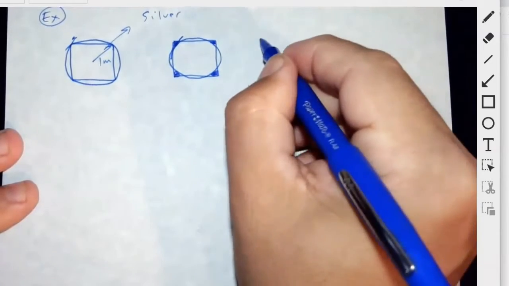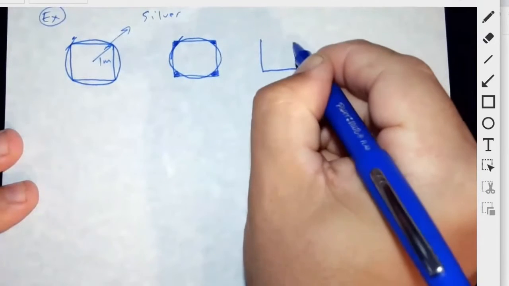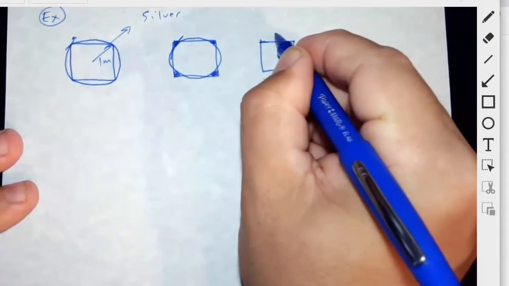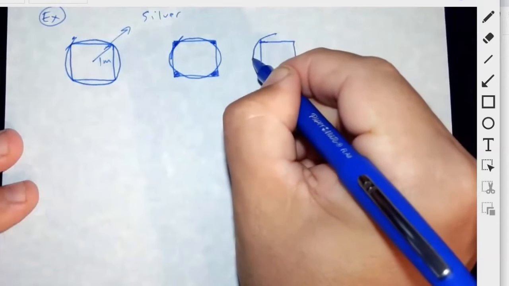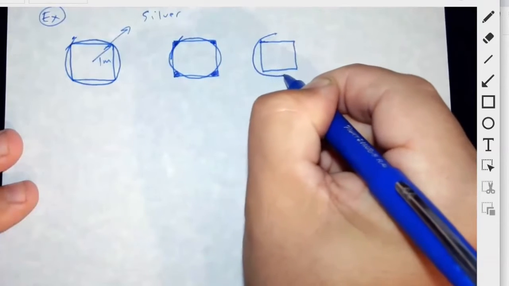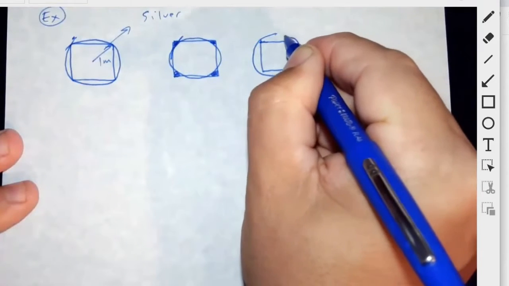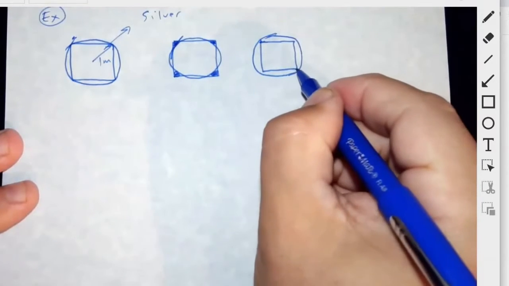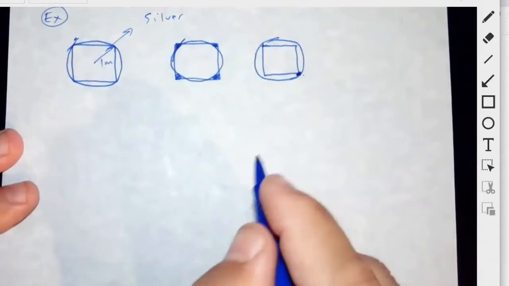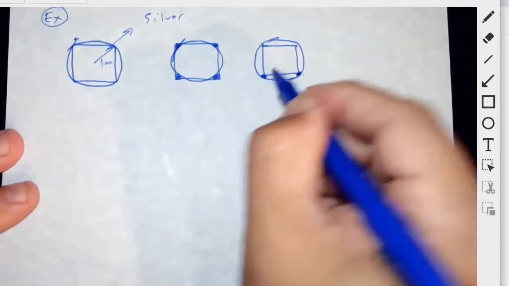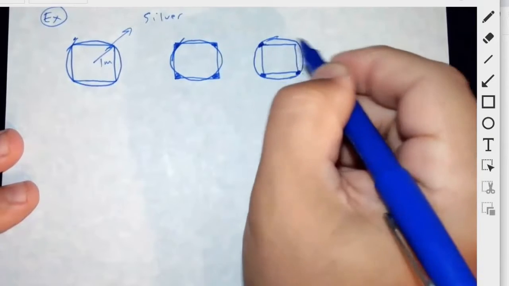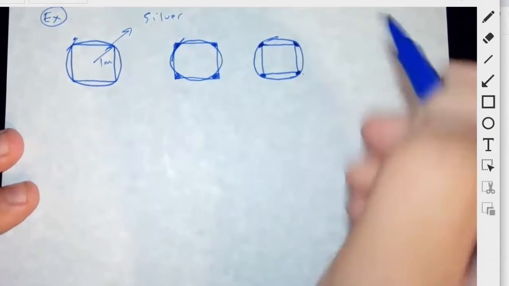Or do they look like this, with a little gap left here? You see here? So that would be a nice thing.